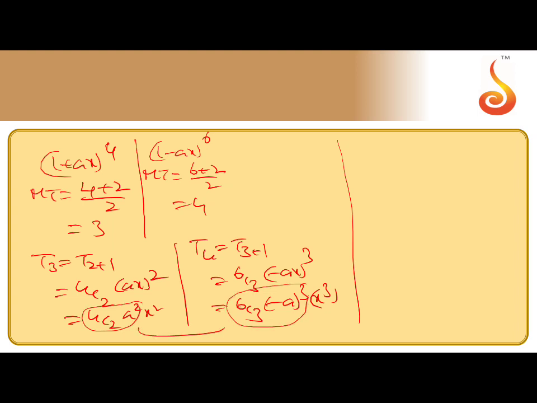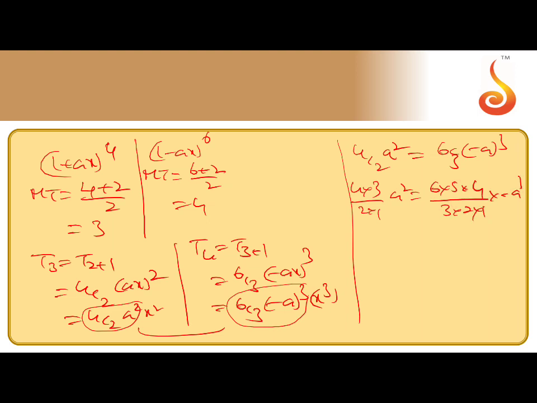So 4C2 into a squared equals 6C3 into (-a)^3. 4C2 is (4 into 3)/(2 into 1) into a squared, equal to (6 into 5 into 4)/(3 into 2 into 1) into (-a)^3. Here the 2 1s and 2 2s cancel, 3 and 6 cancel, so 6a squared equals 20 into (-a)^3. One a also cancels, so a equals -6/20, so -3/10 is the answer.